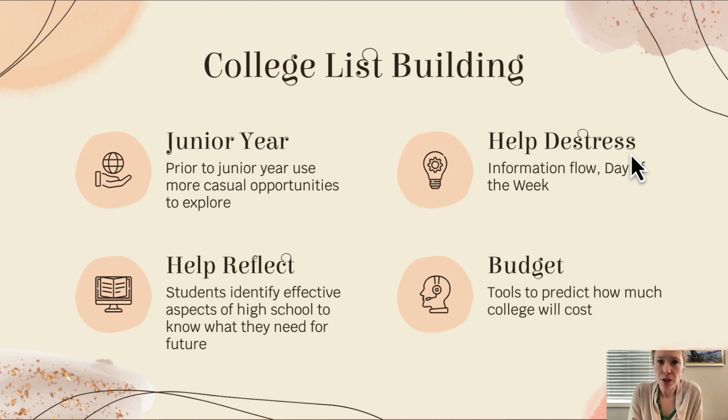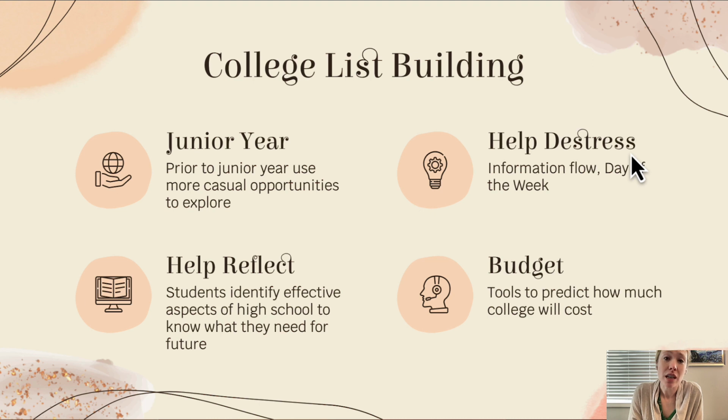Prior to junior year, when it comes to exploring colleges, something that's really helpful is just exploring higher education opportunities in a lighter way, getting them to understand the jargon that I just went through: bachelor's degrees, undergraduate, a major, double majoring, general education courses, getting them to understand the structure of the experience.